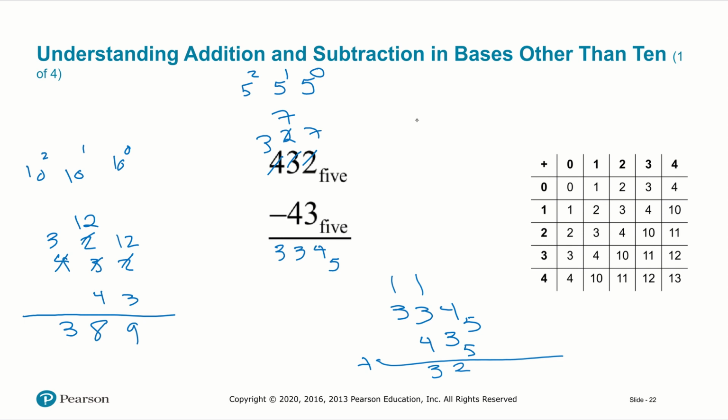So now we have 4 5 squares, which gives us 4, which we can write because it's less than 5. Remember, all the digits from 0 to 4 are allowed. So basically we get 432 base 5 as expected. Okay, so you can always check these like you did with base 10 calculations.